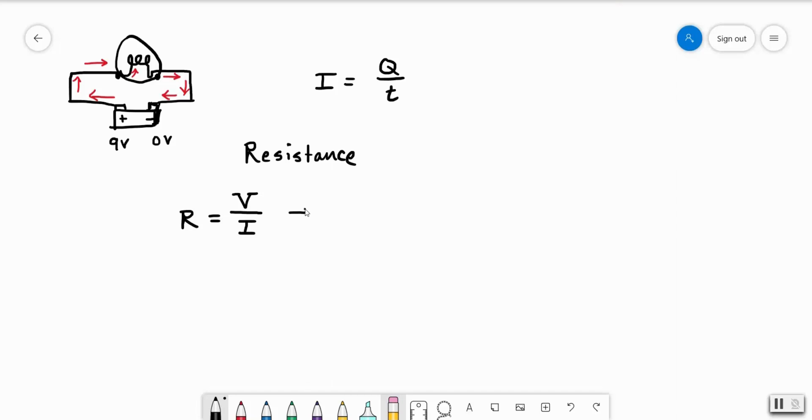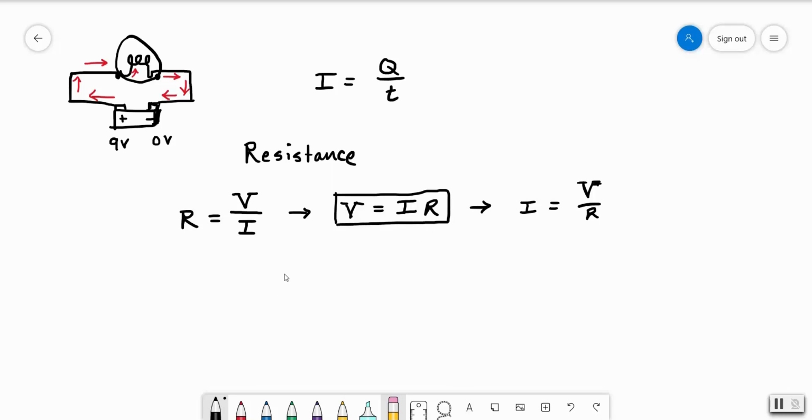So we can rearrange this equation so that the voltage is equal to the current times the resistance, and we can also rearrange this equation so that the current is equal to the voltage divided by the resistance, right? Any of these works to explain the behavior of our circuit.